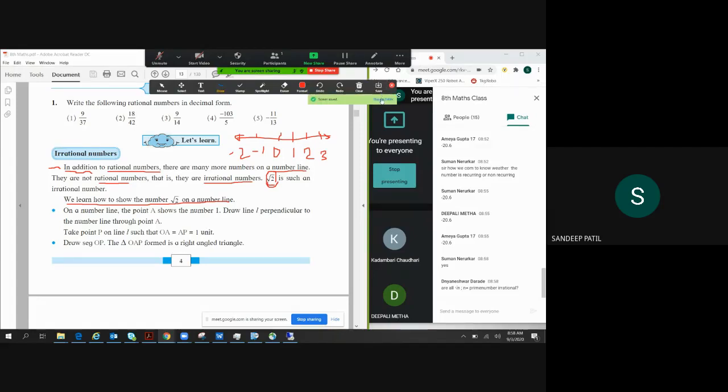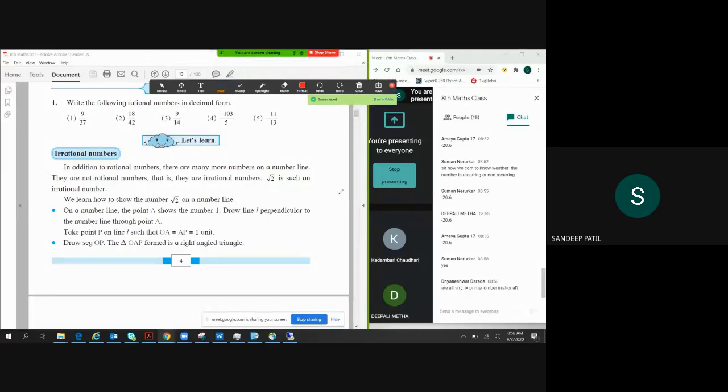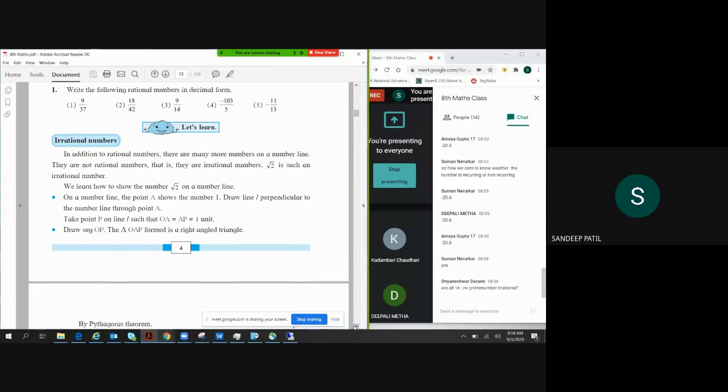Now they are showing how to represent root of 2 on the number line.